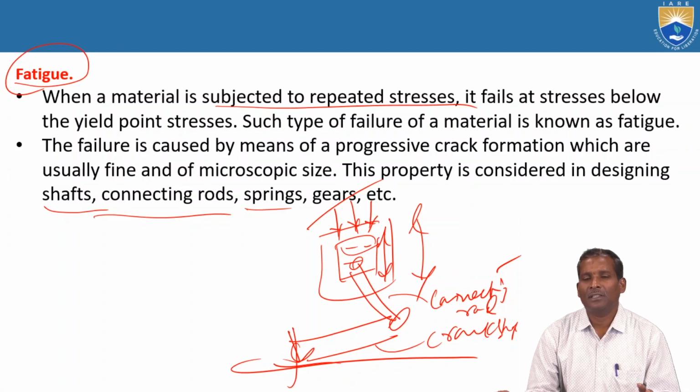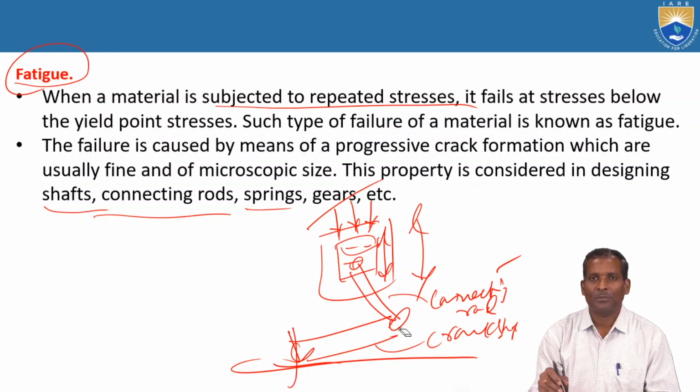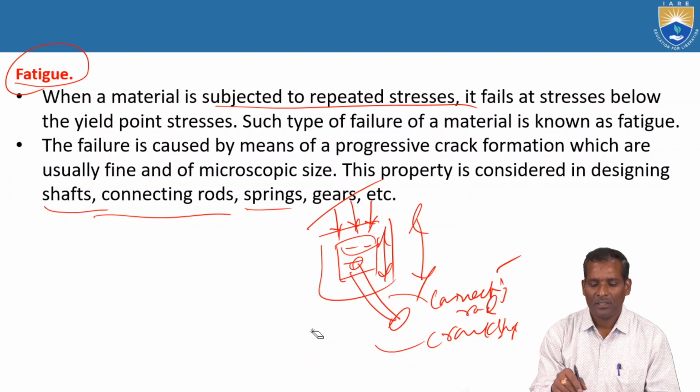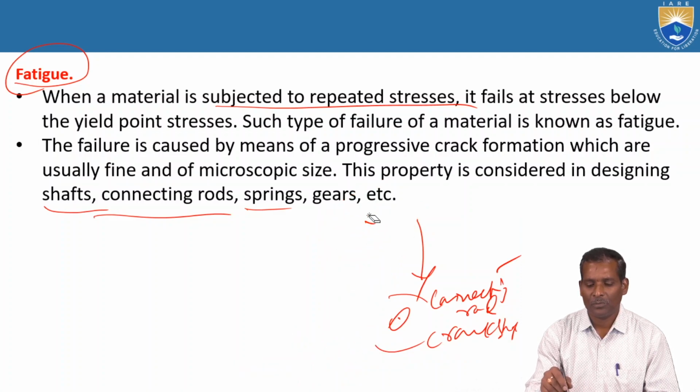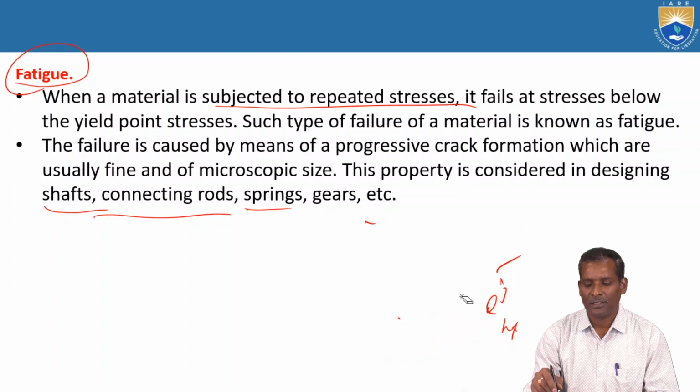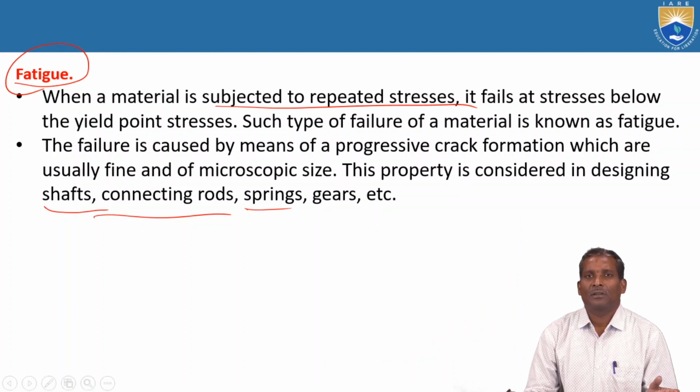So the parts are always subjected to cyclic loads, so the fatigue property is very important when designing these types of components. You should take the theoretical stress concentration factor, the fatigue stress concentration factor, and the notch sensitivity factor, and multiply some other factors also. We have already studied this in stress concentration theory.